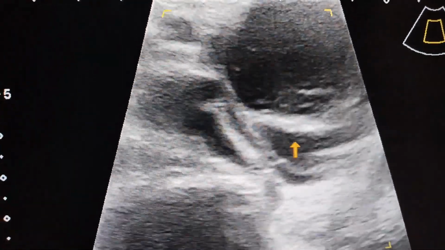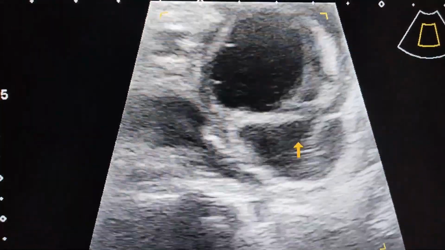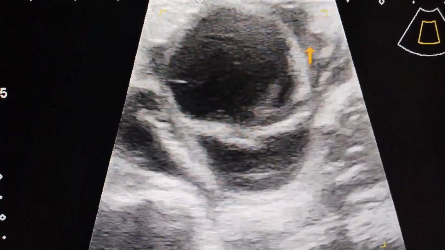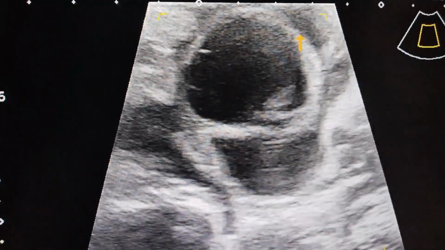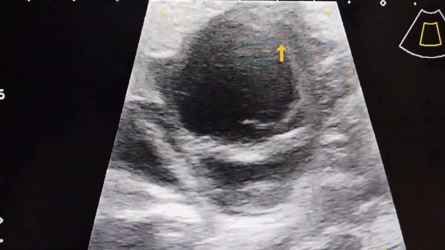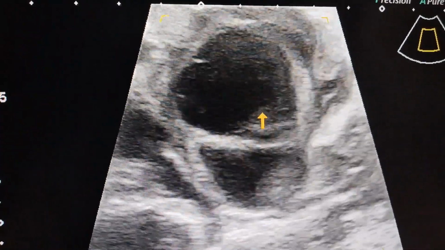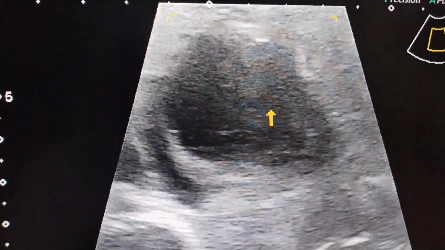And this is the ovarian tissue which is at the periphery, while almost the whole ovary is occupied by this cystic lesion, which is a hemorrhagic cyst.